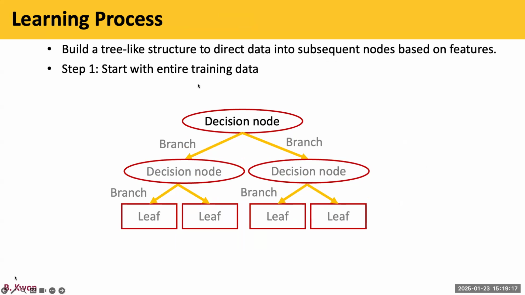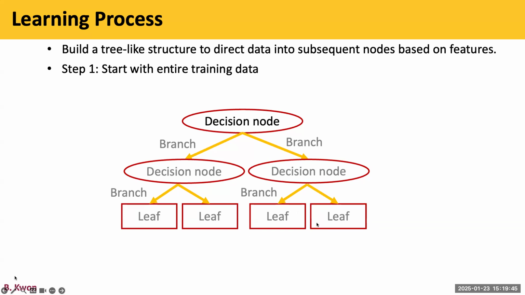The first step is to make a tree-like structure in machine learning code, which directs the data into subsequent nodes based on their features, but your model will not know how to accurately direct your input to the correct output leaf node.